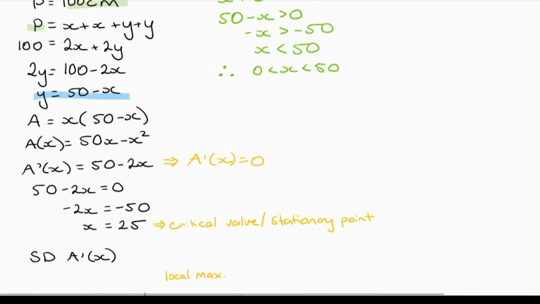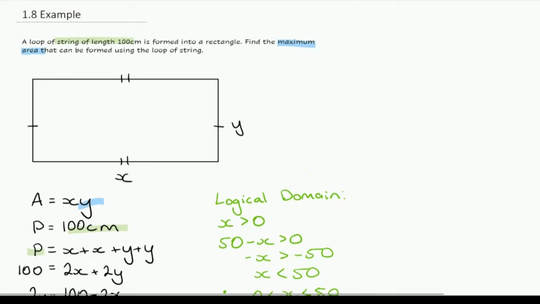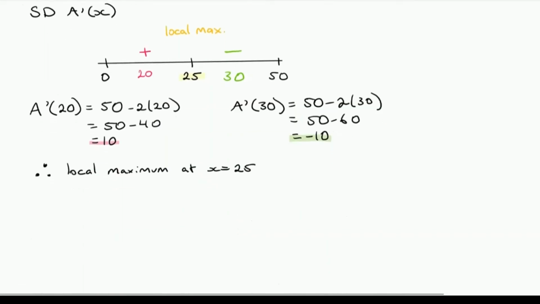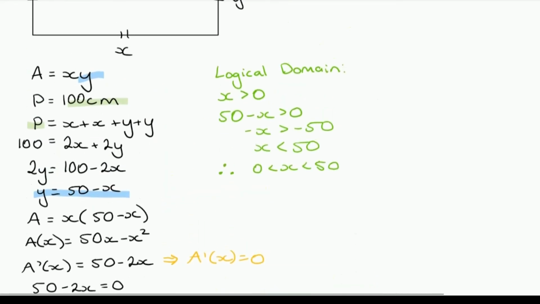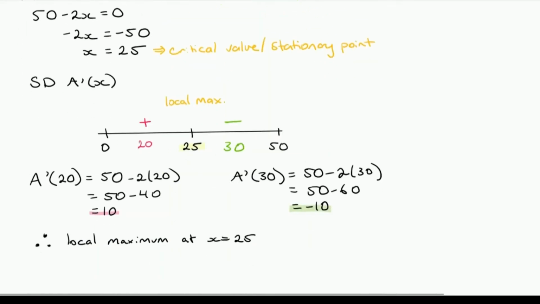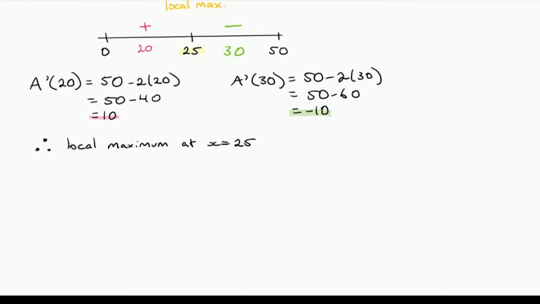And remember, the original question is asking me to find the maximum area. So I need to actually plug this maximum or this critical value into my original function up here to actually see what is my area at x equal to 25. But I don't have a value for y yet, so I'm going to plug my x equal to 25 into this equation here to see what my y should be equal to.